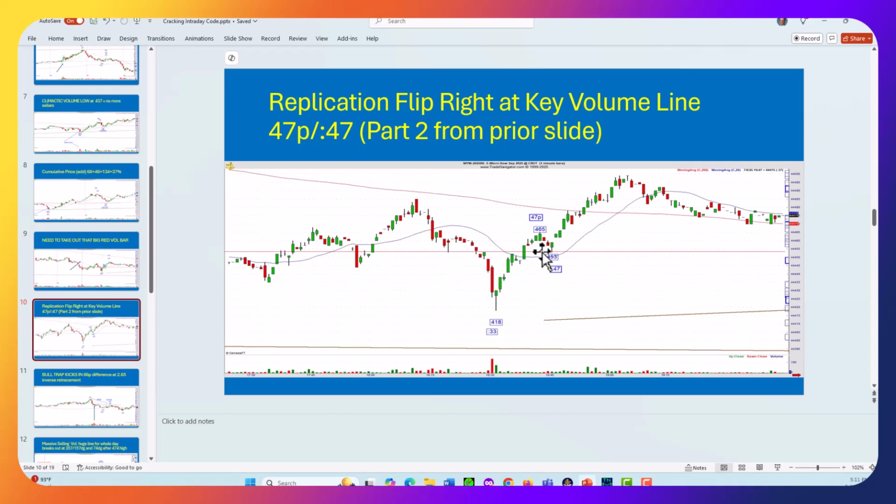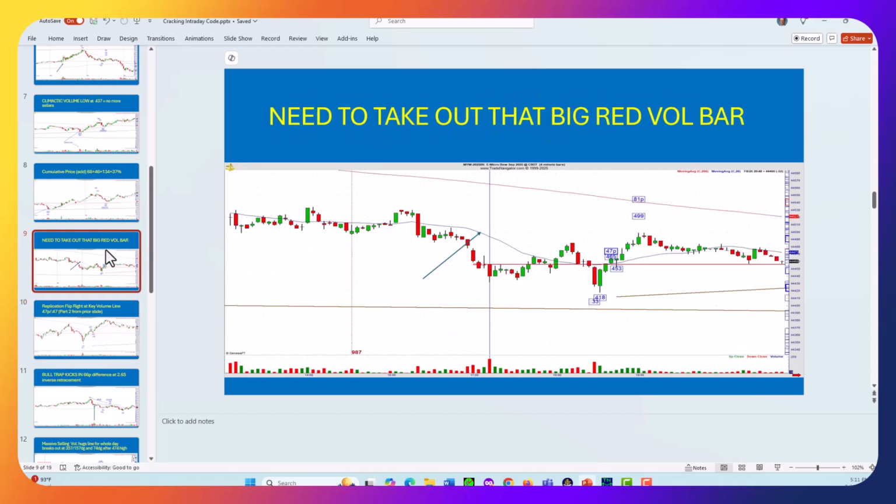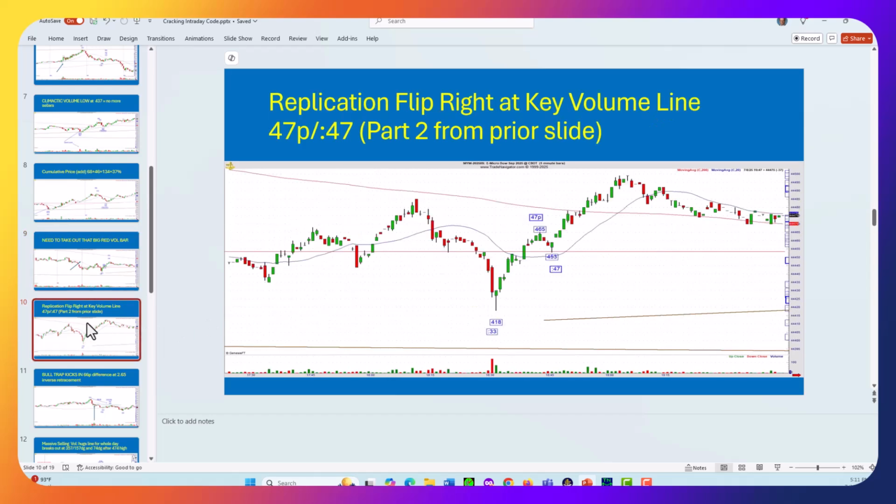Because it's doing it at the big tree volume bar that I just showed you in the last chart. Right here, right? We're concentrating on here. 47 points, 47 minutes. This is a 4-minute chart. That's a 1-minute chart. It's pretty cool, isn't it?